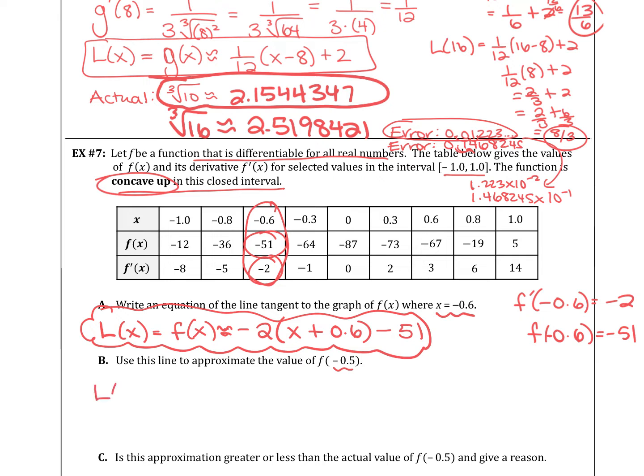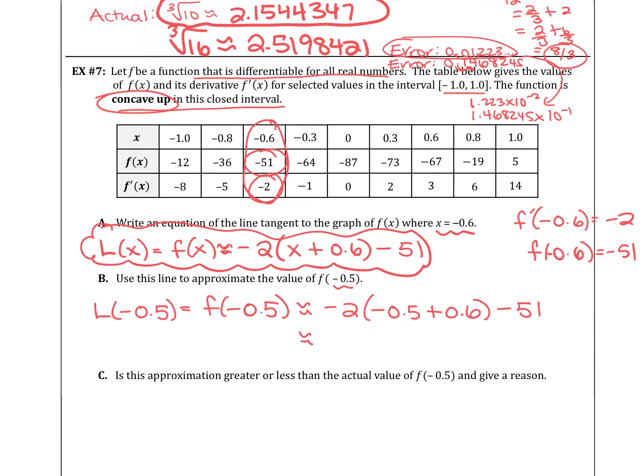So if I want to find L of negative 0.5, which is going to give us an approximation for f of negative 0.5, that's going to be negative 2 times negative 0.5 plus 0.6 minus 51.